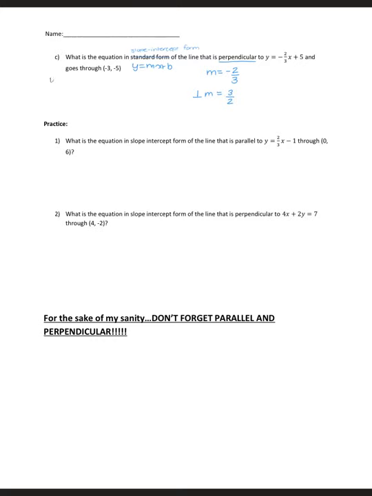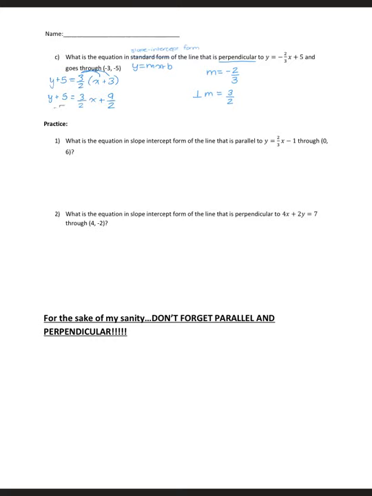We start off with point slope form. So y plus 5, because of the double negative, is equal to 3/2 x plus 3, again a double negative. And now we are going to distribute this 3/2. So y plus 5 is going to equal 3/2x plus, and if we multiply 3/2 times 3, we get 9/2. Okay?